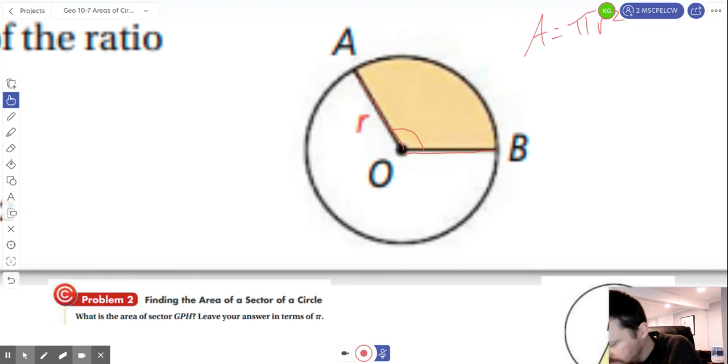We know that the whole circle is 360 degrees, so whatever degrees this is, it's going to be that percent of the circle. So this is x over 360 of the circle.